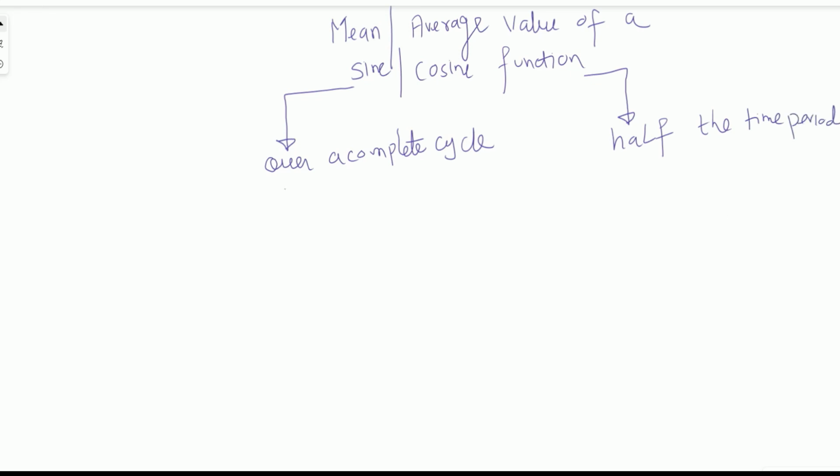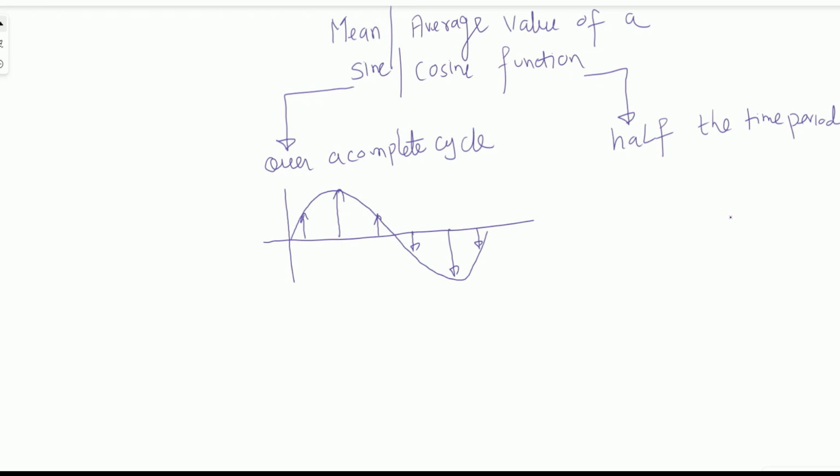If you look into this graph, for example, of a sine function, for every corresponding value of velocity at any instant, there is a negative value. So there is a maximum value, there is a minus maximum value, and there is another value which cancels it.